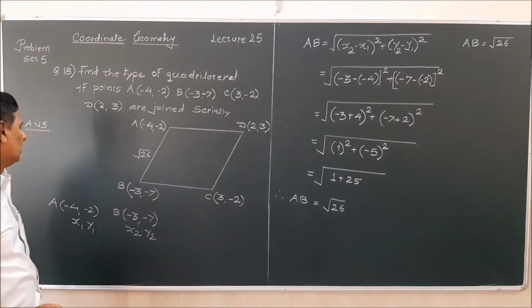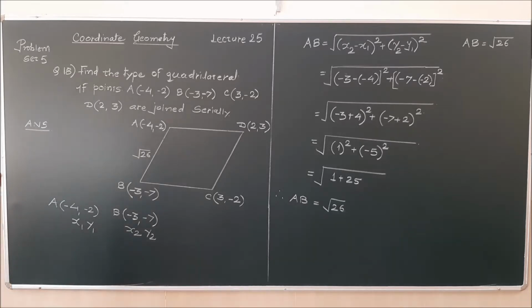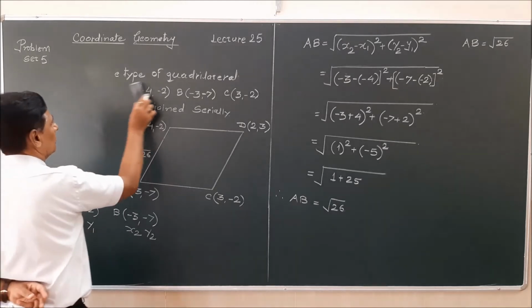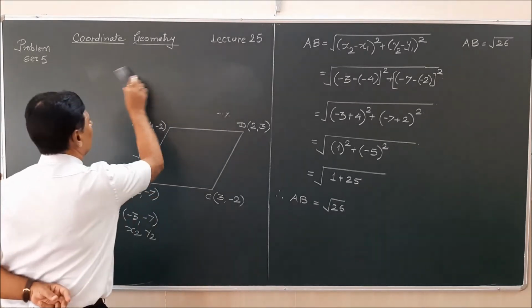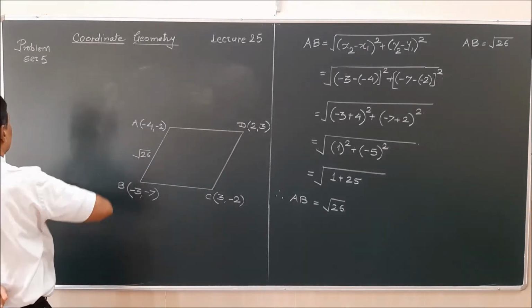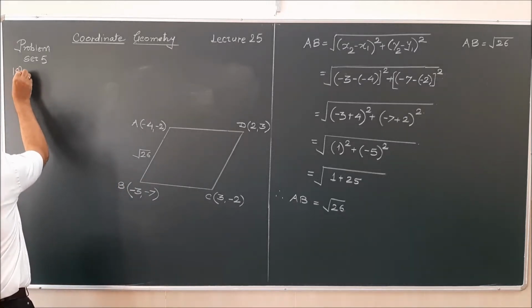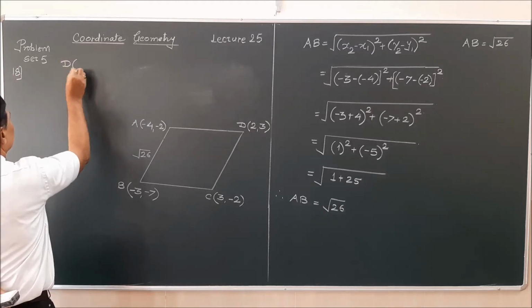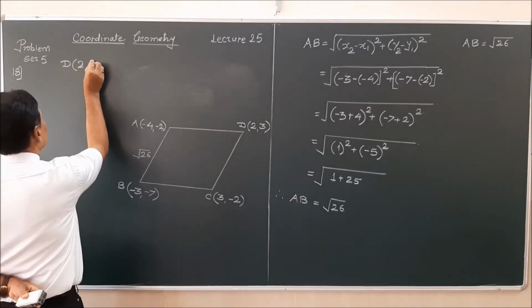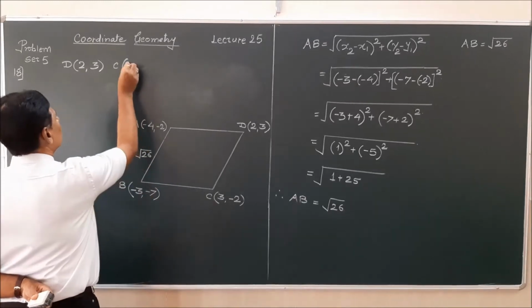Let's see here. The value of DC, in the same way. The coordinates of D are 2, 3. The coordinates of C are 3, -2.